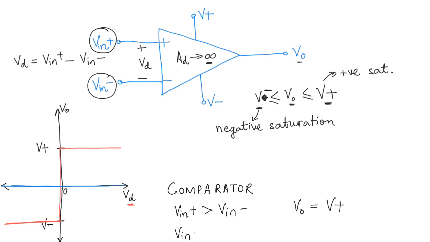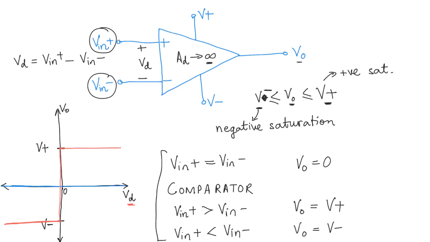If V in plus is less than V in minus, V output will be equal to V minus. For the very simple reason that when V in plus is greater than V in minus, VD is positive, and therefore we have this. And if not, we have this. And if you want, you could talk about a third case where V in plus equals V in minus, and at that point VO can be thought to be 0.